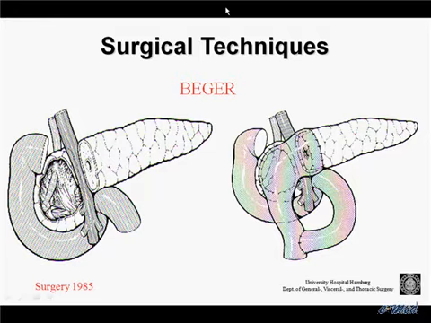You do an extensive mobilization of the duodenum and the pancreatic head, and then you transect the pancreas above the portal vein. Of course, every surgeon who is familiar with this disease knows that especially this step can be a pain in the neck, as I might say.